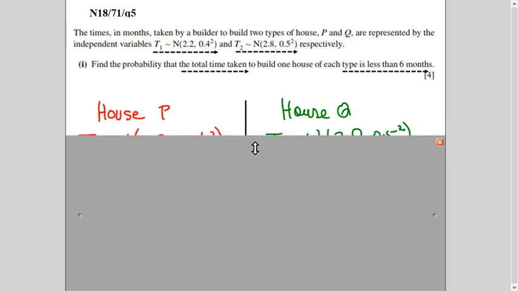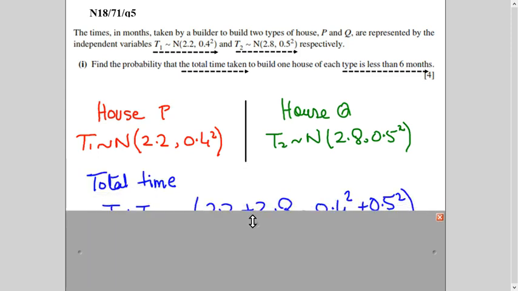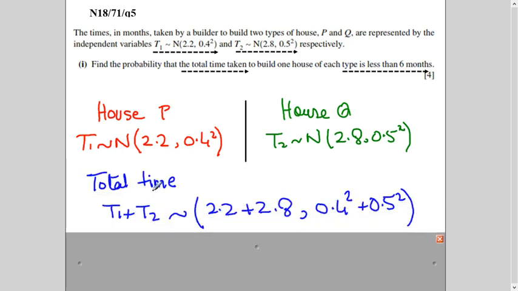Let's first write down the information from the question so that you don't need to read it again and again. You can just pick up numbers from here. This information is about house P and this is about house Q. Now for the total time, T1 plus T2, because it is saying find the probability that the total time the builder will take to build one house of each type, you will add the mean of this and this and add the variance of this and this.